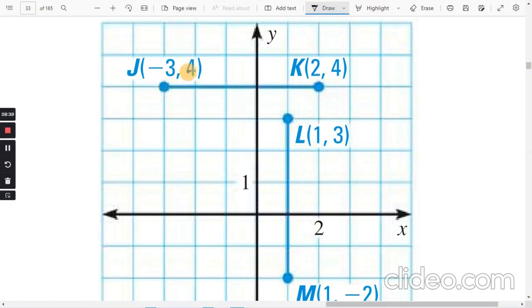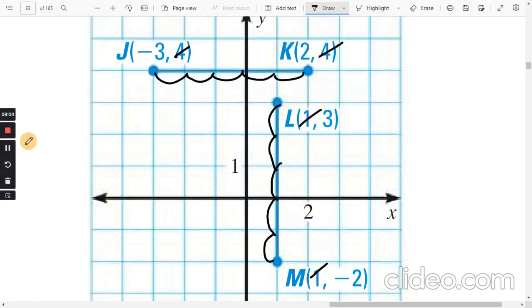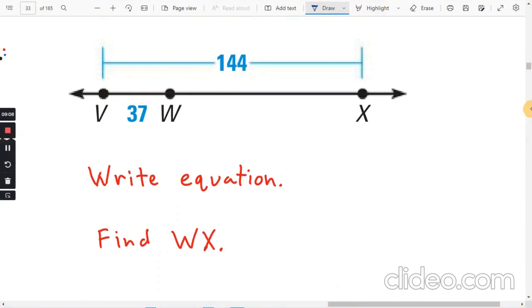So we can ignore the 4's and just count 1, 2, 3, 4, 5. Okay, and on the other line segment, same thing. They're both at X equals 1. So we can ignore the 1 and just count 1, 2, 3, 4, 5. Okay, like I said, we'll worry about plotting points some other time.